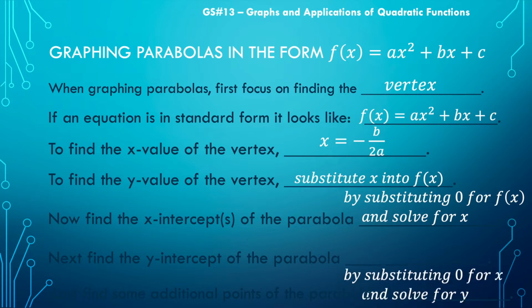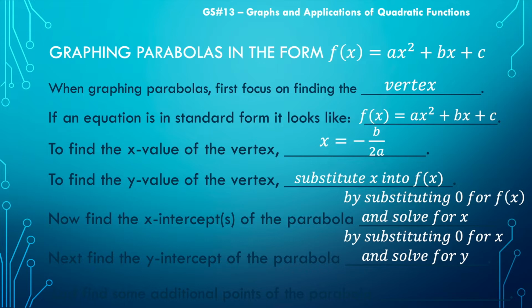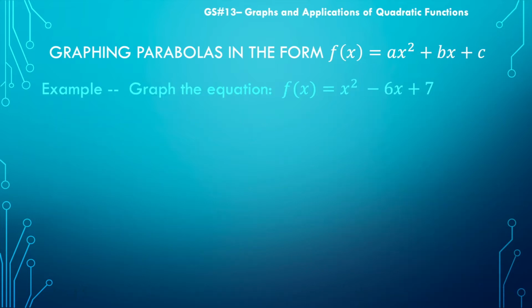And then find the y-intercept by subbing a 0 in for x and solving for y. So you've got some intercepts, you've got a vertex. You're going to finish this out by substituting a couple of additional values in for x that are close to the vertex. They'll just fill out your curve a little bit further and make it easy for you to sketch.